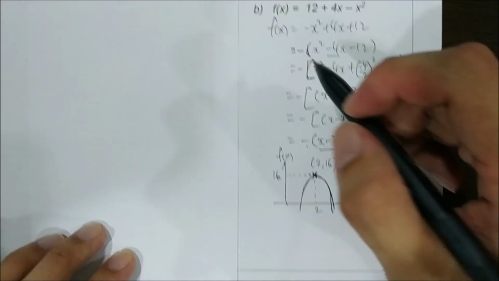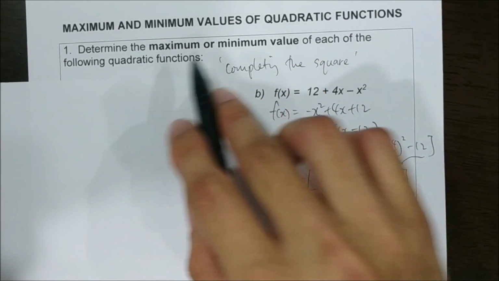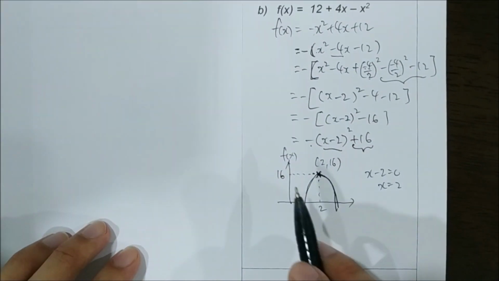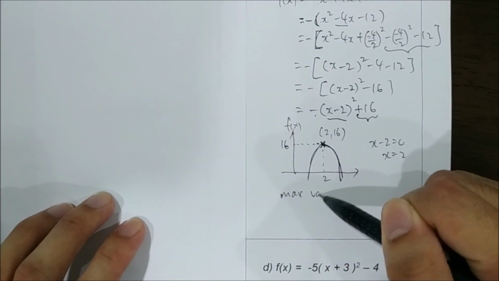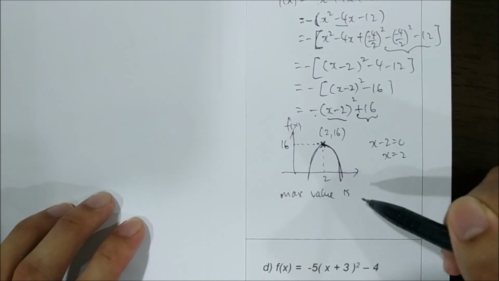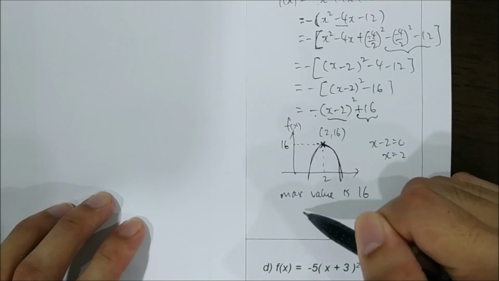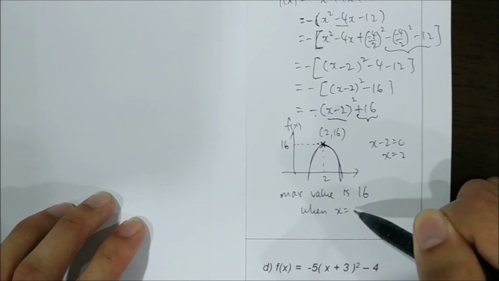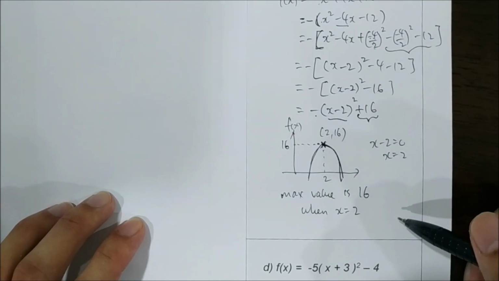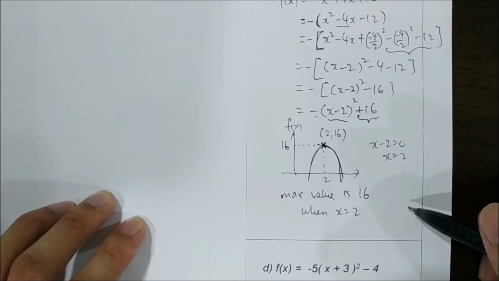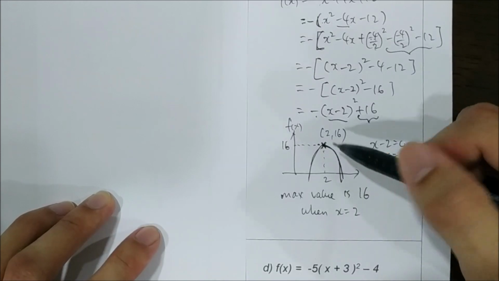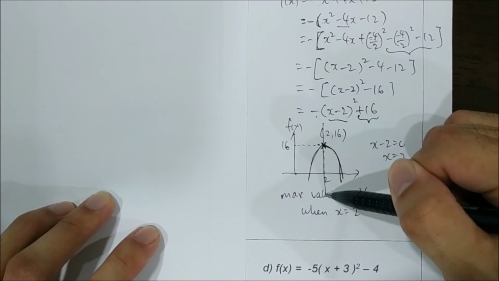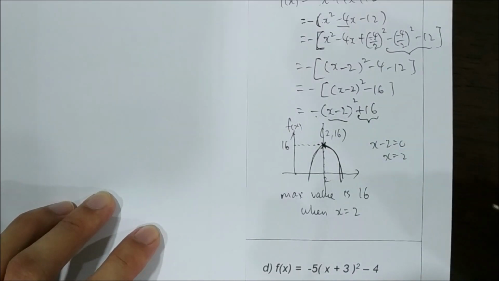But of course, since the question asks for maximum values only, it actually only wants this value. So the maximum value is 16 when x equals 2. On a side note, if the question asks for the axis of symmetry of the graph, the axis of symmetry of the graph is this line.